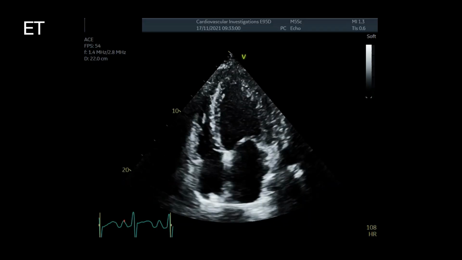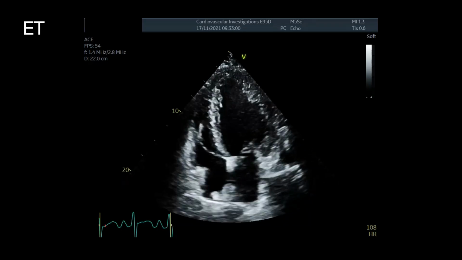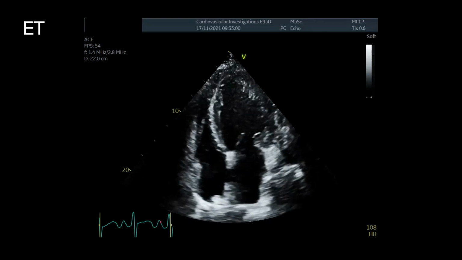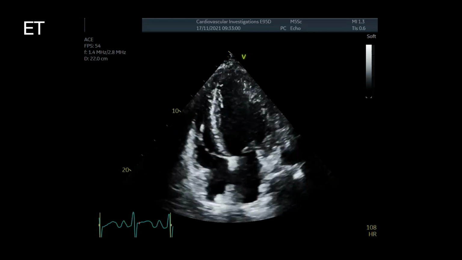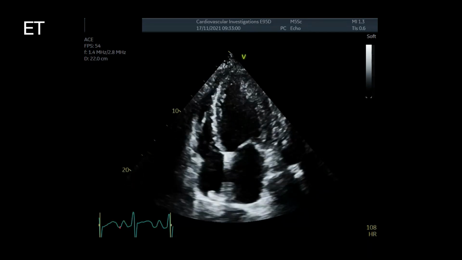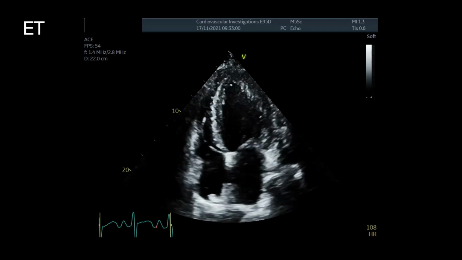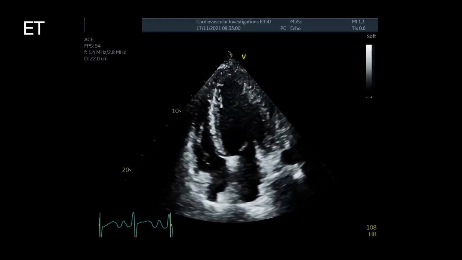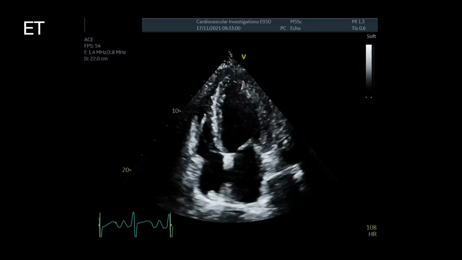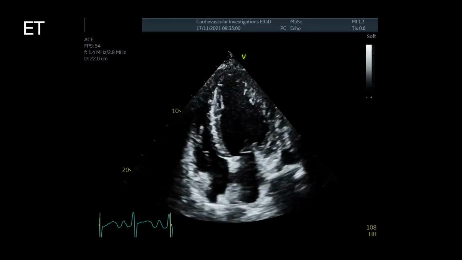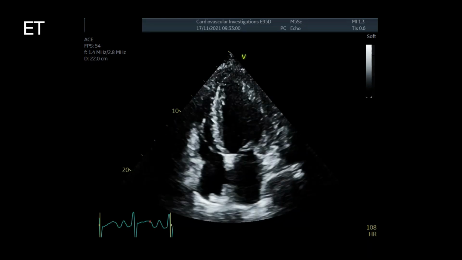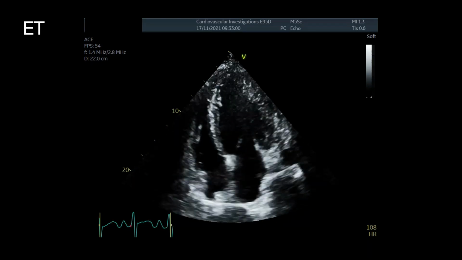And now we've moved to the apical 4-chamber view. Again, what you can see here is an LV which we haven't measured, but does look a bit enlarged, and its function is decreased. Compared to the LV, the RV looks normal size. It doesn't look enlarged, but as I said, we haven't actually measured the size of the LV at this stage.